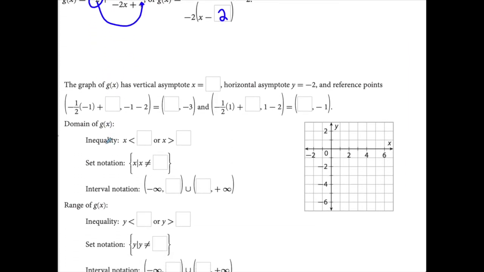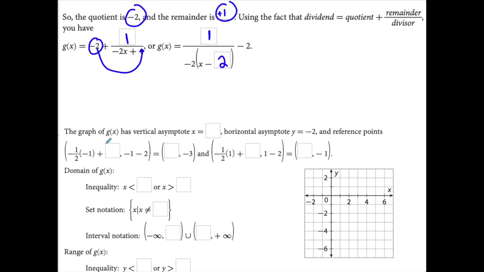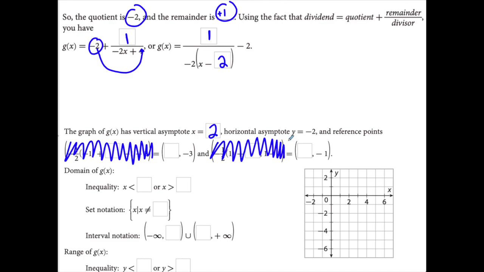All right, so let's take a look. We have a vertical asymptote at x equals 2 and a horizontal asymptote at y equals negative 2. I'm going to nix these right now because this is making me stressed out. What would make my denominator 1?